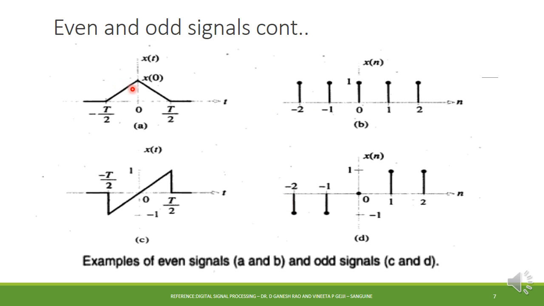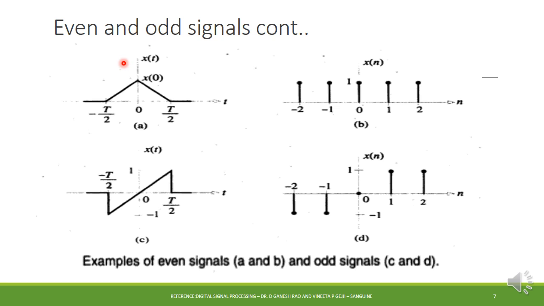Now see a figure for the even and odd signal. Here, whatever you are seeing in this signal, A and B, you are seeing the similarities. This is the one signal, it is showing plus T by 2, this is minus T by 2, and here this is also the same, 1, 2, and here it is minus 1 and minus 2. This is called the even signal. It is evenly distributed.